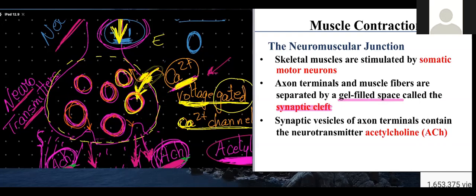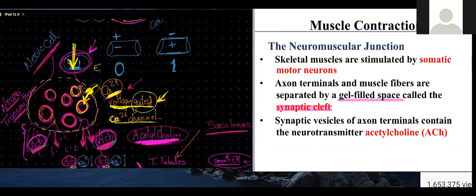Once I get the electrical signal delivered all the way to the terminal end of the nerve cell, this will enhance the vesicles in my axon terminals to release their contents, and the content here in those nerve endings is going to be my neurotransmitter, which is the acetylcholine.